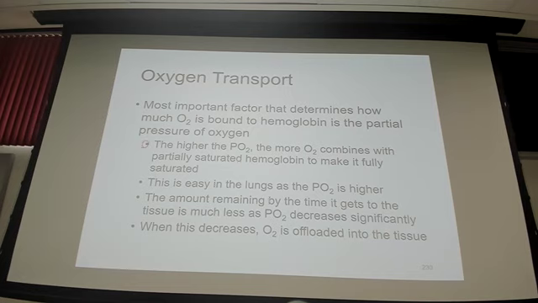As we said, Henry's law, again, the partial pressure of a gas is relative to the amount of that gas dissolved in a liquid. So, higher partial pressure, higher pressure of oxygen equals more dissolved in our blood and more bound to hemoglobin as a matter of fact as well, okay?